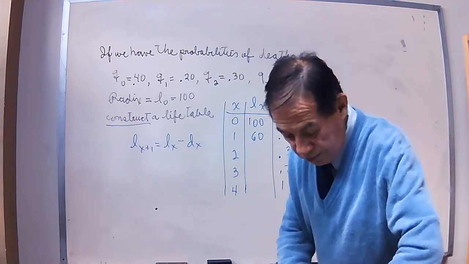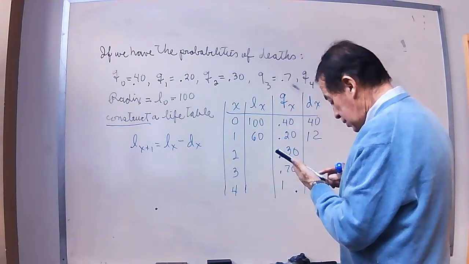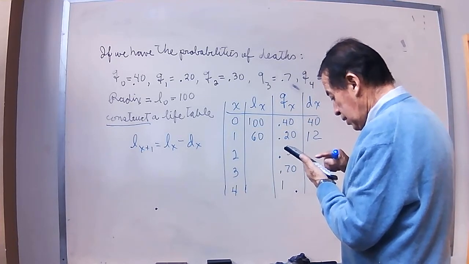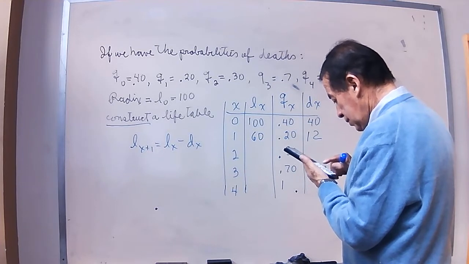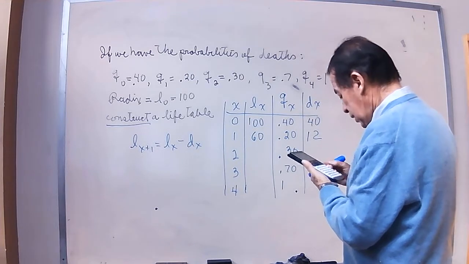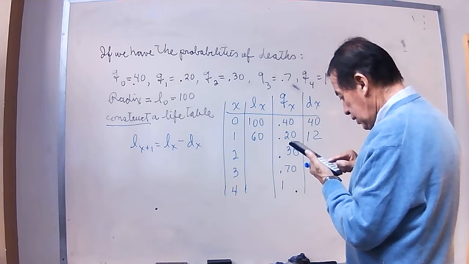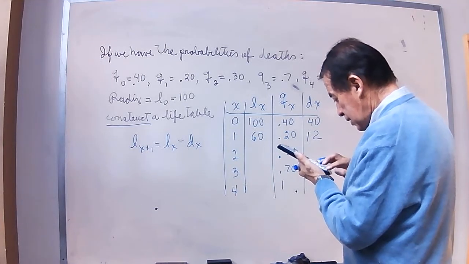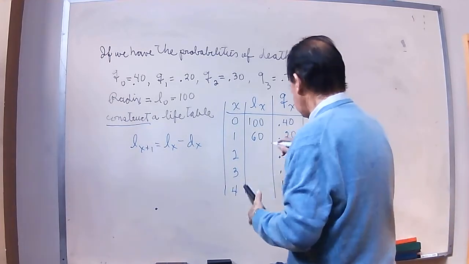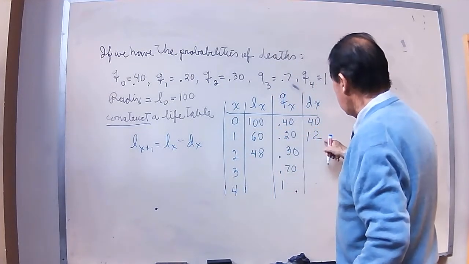But even though this is very simple, it's better to consider a calculator. Okay, 60 multiplied by 0.2 will give us 12. And 60 less 12 will be 48. We have 48 remaining persons. 60 less 12 is 48.